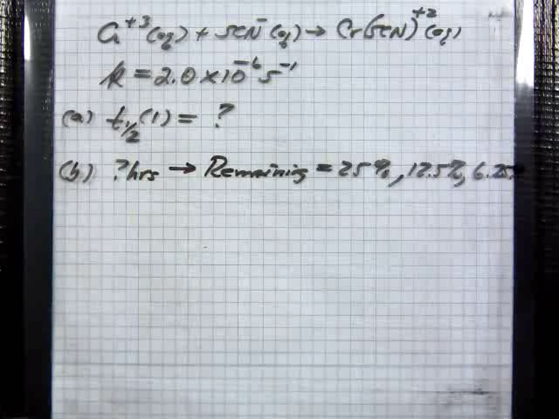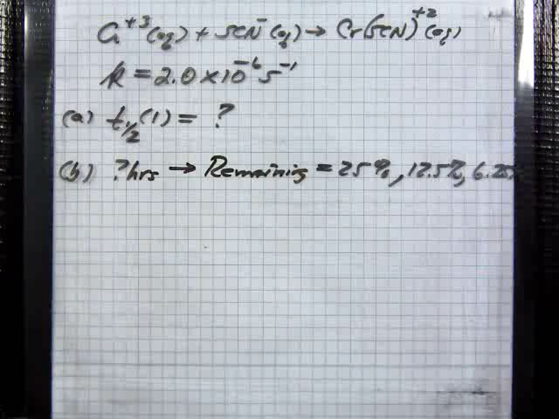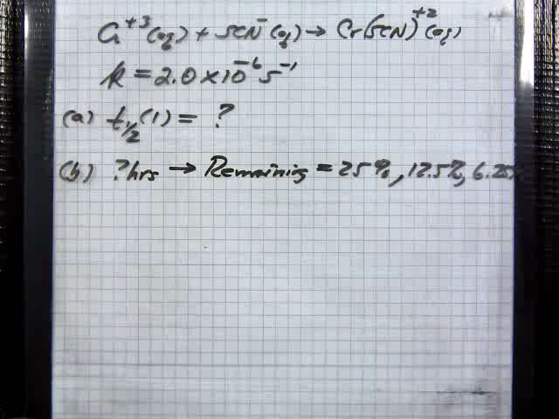Okay, so here's the chrome thiocyanate reaction, taking the chrome thiocyanate complex. K value is 2 times 10 to the minus 6. It wants to know what the first half-life is, and then how many hours it takes for 25% remaining, or 12.5 or 6.25% remaining.